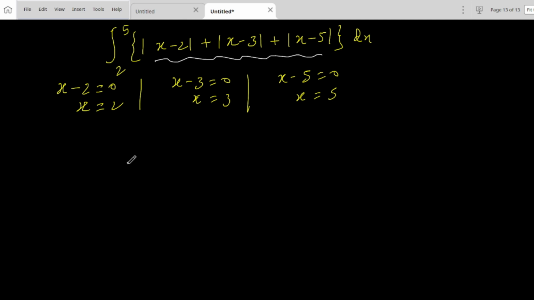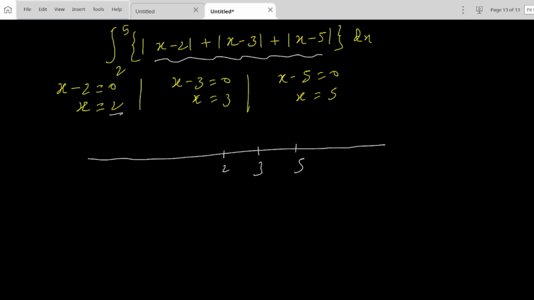Now on the number line we will see how the modulus expressions behave when they fall on the right side of a critical point and the left side of a critical point. So we have 2 as the first critical point, 3 as another critical point and 5 as another critical point.